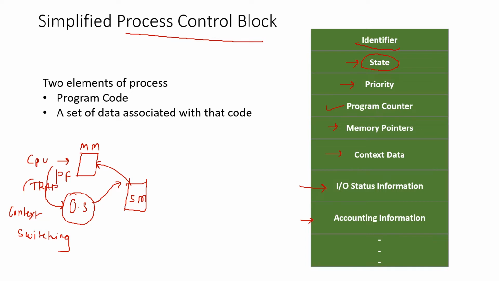When the interrupt occurs, whatever the execution state is, that entire information is stored in the process control block, and then when control comes back to the CPU, it can start executing that same process from that particular point. So the entire information and status of that process is stored in the process control block.